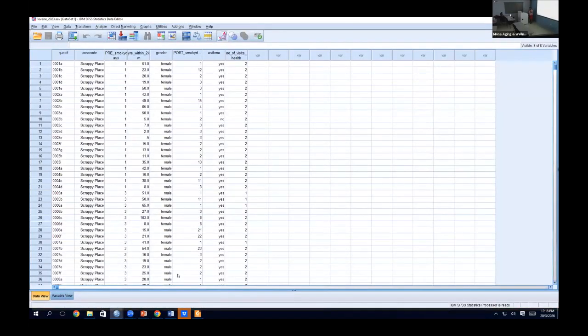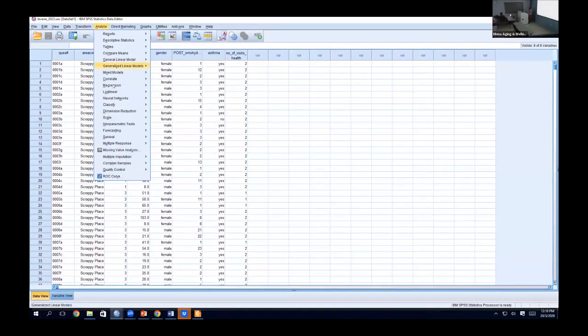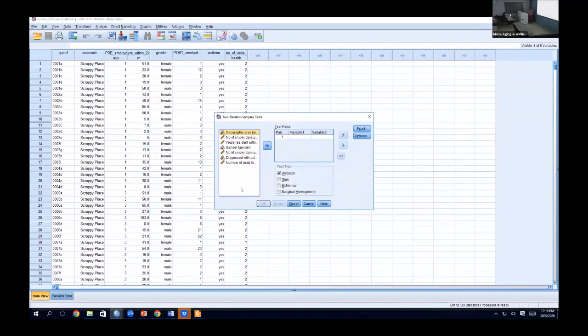It's the same procedure. Analyze, non-parametric tests, legacy dialogues, 2 related samples. Repeating: analyze, non-parametric tests, legacy dialogues, 2 related samples. So we're gonna click on 2 related samples.